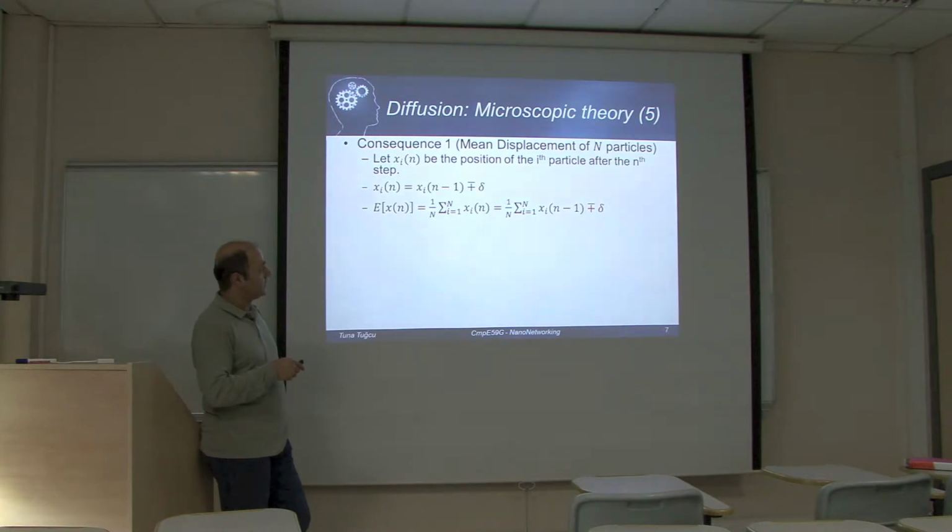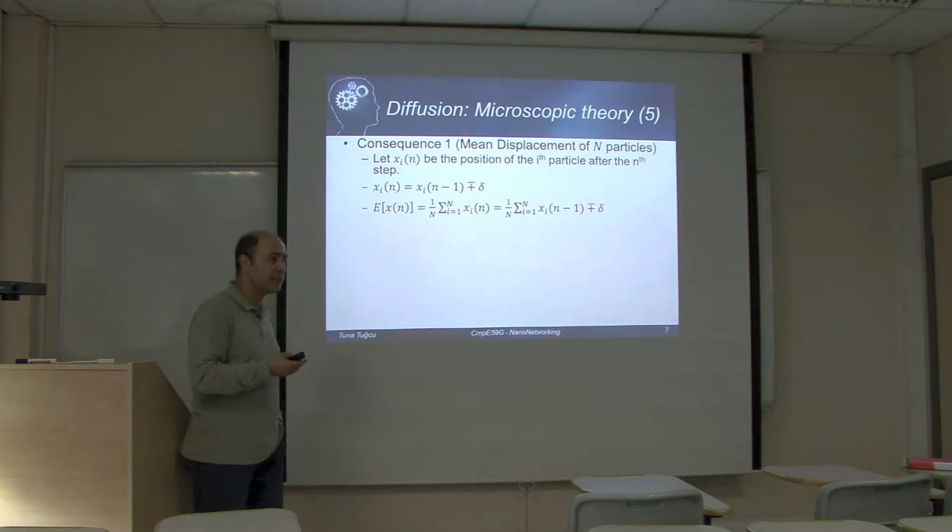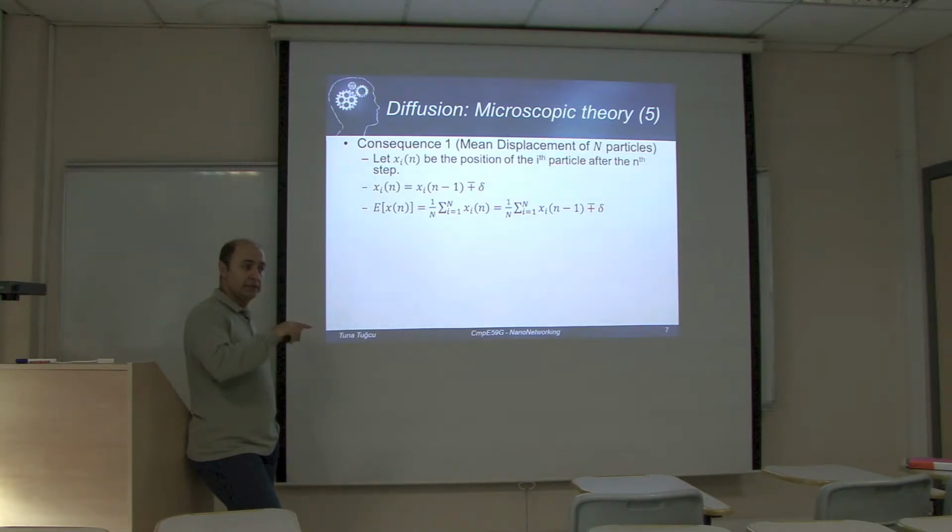And that would be what? According to this definition, substitute x_i of n with this expression. So it would be the average of the displacements after n minus 1 steps, plus or minus some delta, some step size, because some will go to the right, some will go to the left.